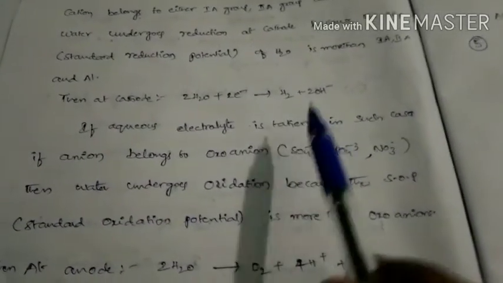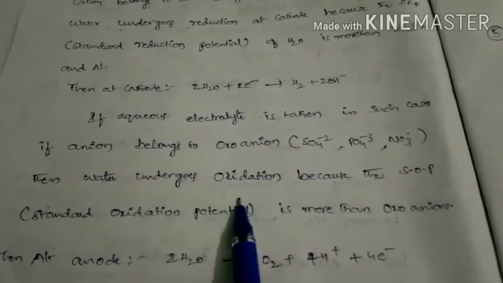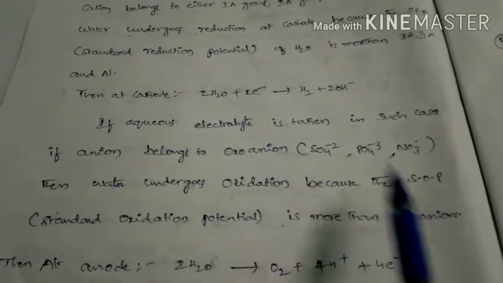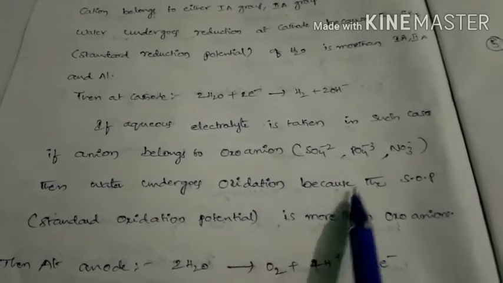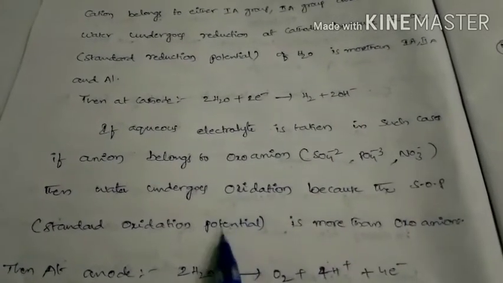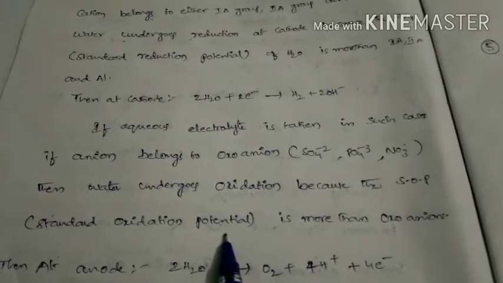So here the point is, in aqueous electrolyte, if the anion belongs to oxoanion, in such cases water undergoes oxidation instead of these ions, because water has more SOP, that is, standard oxidation potential.